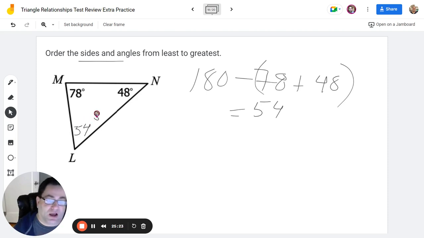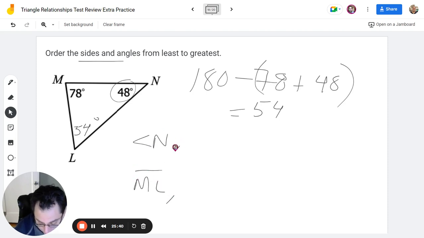From here, we use the angle-side relationship theorem. Least to greatest, let's start with 48. 48 is angle N, and angle N is opposite ML. Let's go to the medium. The medium is 54 degrees, so that's angle L, and opposite that is MN.